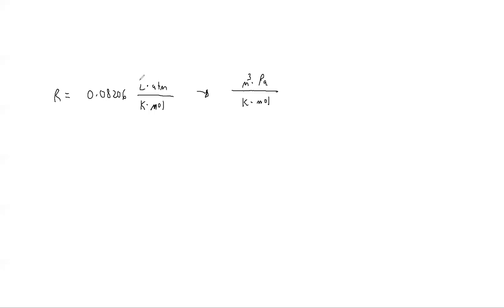Both L, or liters, right here, and meter cubed in our new term, they both measure volume. If they're just different ways of measuring the same thing, in this case volume, then there's going to be some unit conversion between them. That's kind of like how feet and meters both measure distance, but there's a conversion between them.